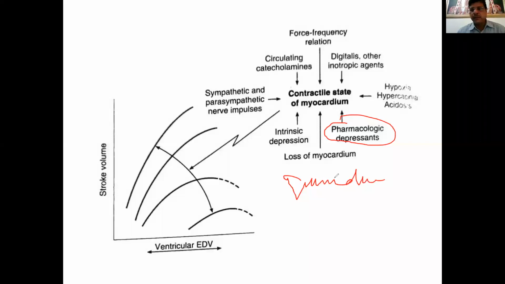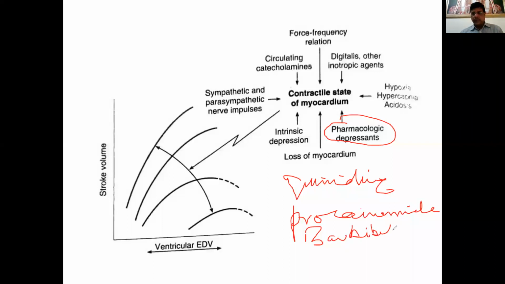Quinidine can cause an inhibition of the myocardial contractility. Procainamide. And barbiturates. Have you heard of barbiturates? They are addictive drugs. People get addicted to these barbiturates.